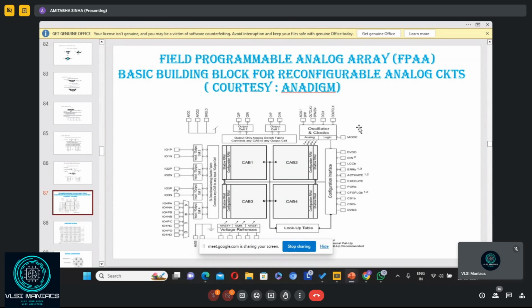Depending on the value of the resistors, the timing T, capital T, is related to the frequency. All this information has to be there in the configuration bit stream, and from there the connectivity will be established and a circuit will be formed.